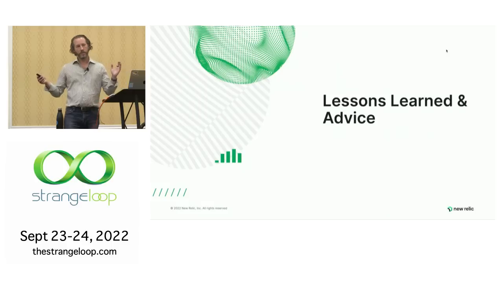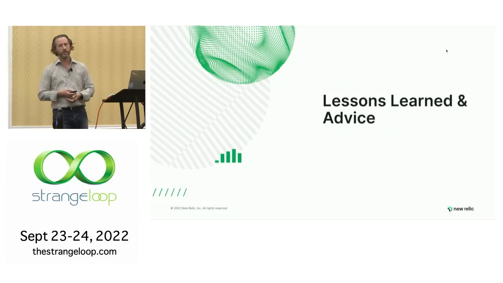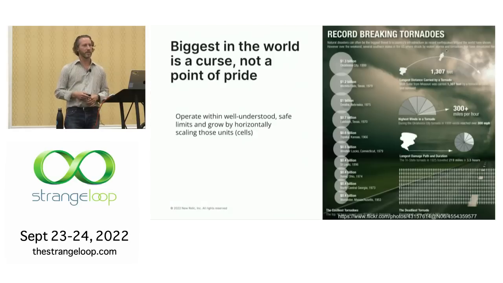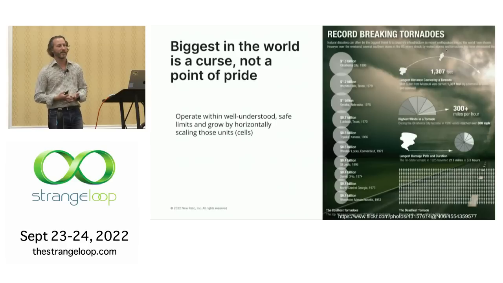Okay, so that's kind of where we are today. I'm just going to recap some of the lessons that we learned and advice. So first, being the biggest in the world of something is not actually a place that you want to be. It's a place that causes you lots of headaches.